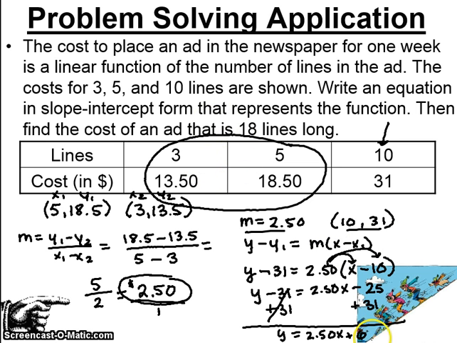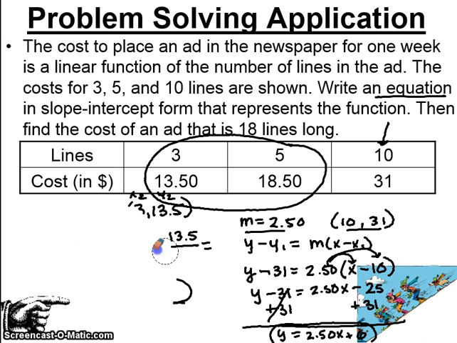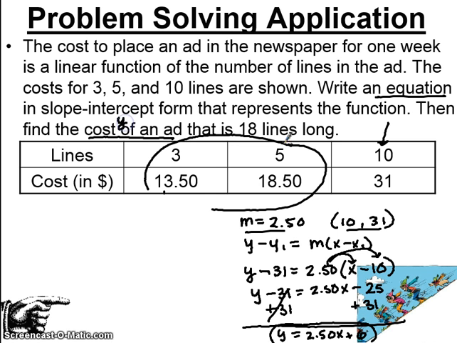Now, we're not quite finished. We have our equation, which was the first part of what they were asking us to do. It says write an equation, but then it says find the cost of an ad that's 18 lines long. Well, if you think about what value is the cost of the ad, that's the y value, and we don't know what that is, so that's going to be the unknown. But when it talks about how many lines long it is, that's our x value. So now we know that x is 18.